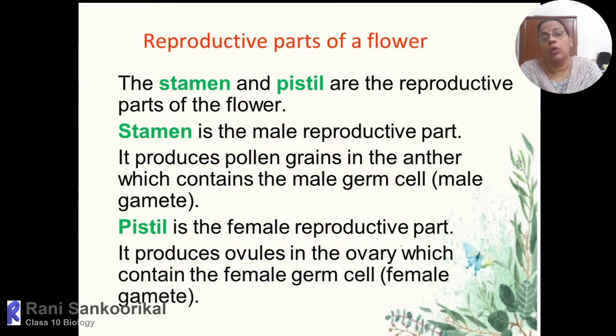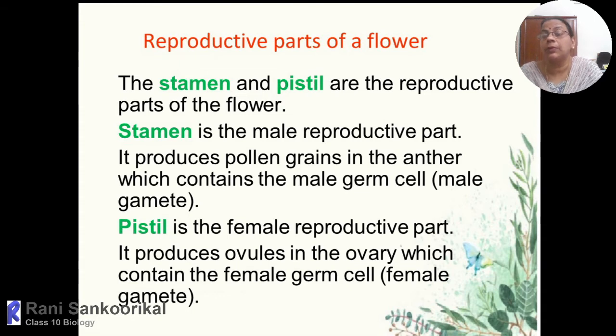Then when we move on to a little more detail, the reproductive parts of the flower are the stamen and the pistil, as we already said. The stamen is the male reproductive part, and it produces pollen grains in the anther. When the pollen lands onto the stigma, the stigma will slowly secrete certain secretions and the pollen grain will emerge in the form of a pollen tube.